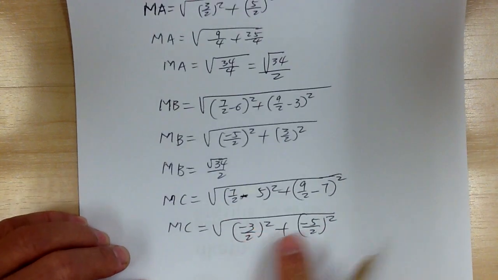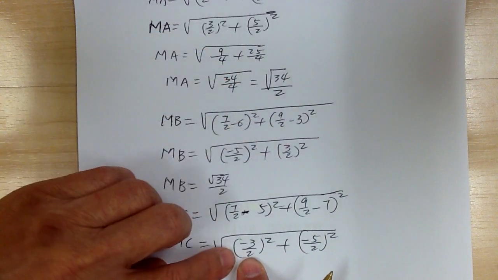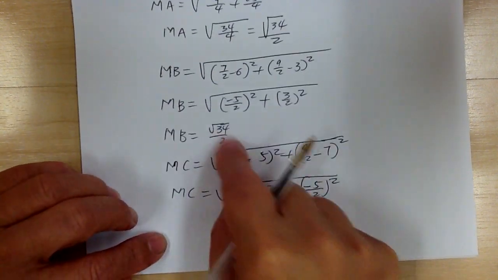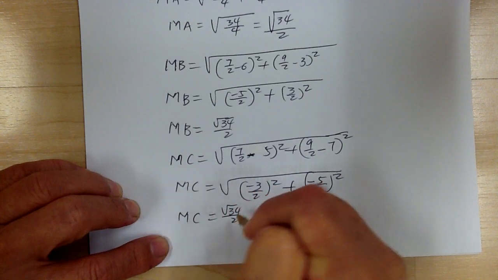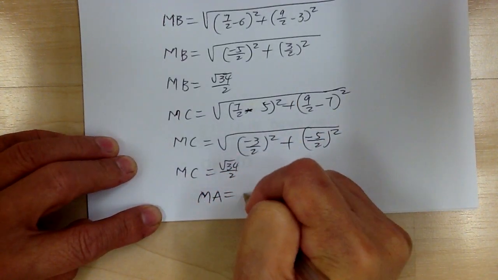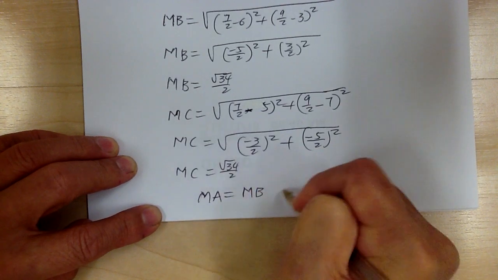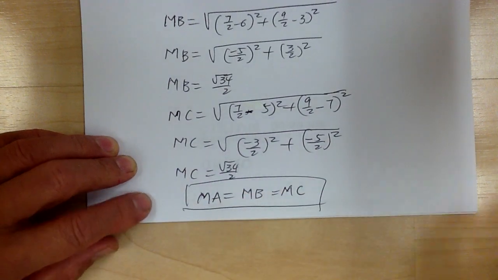Again, you can see the 3 over 2, 5 over 2, and negative does not matter because you're going to square. So it's going to be the same. And so you can say that MA equals MB equals MC. So that's how you prove it.